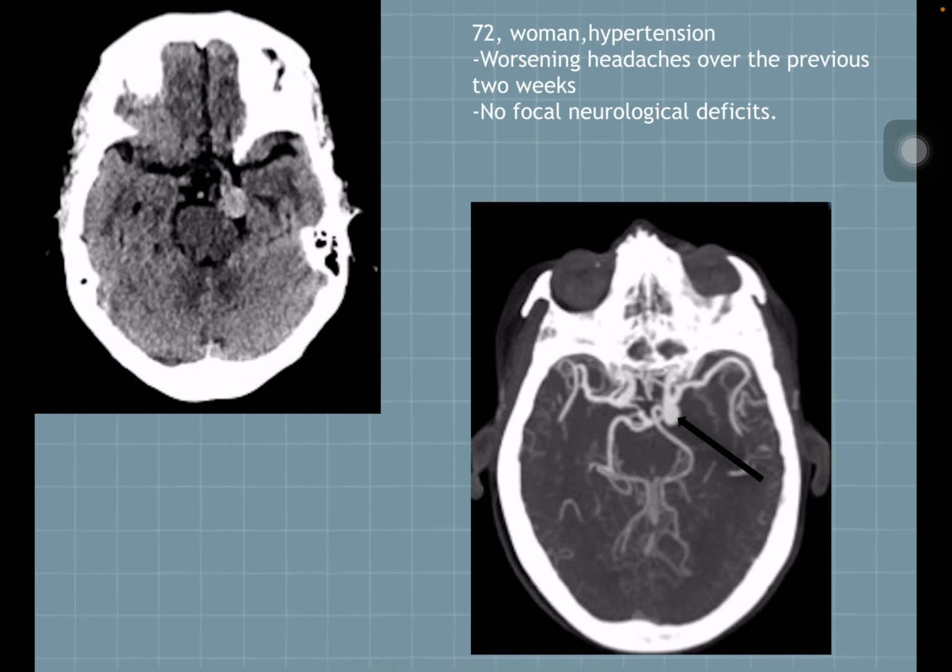Okay, here we have a case of a 72-year-old woman, hypertensive, complaining of worsening headache over the previous 2 weeks, but no focal neurological deficit. In the non-enhanced CT brain, there is a hyperdense, well-defined lesion. Because of the location, it's suspicious for aneurysm, and the CT angiogram confirms the finding.